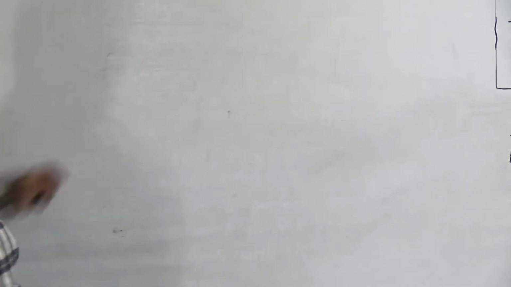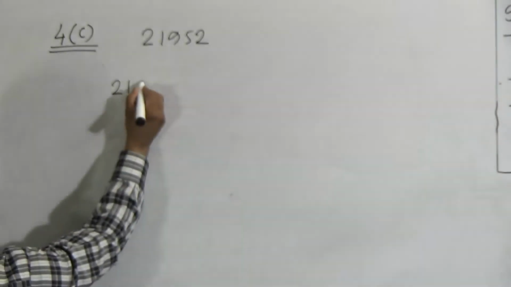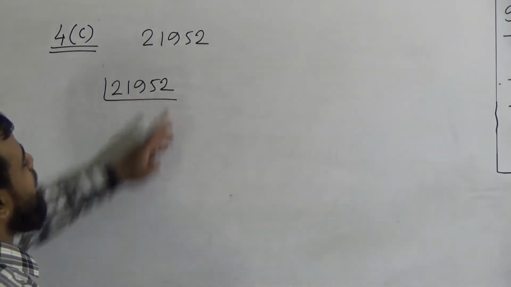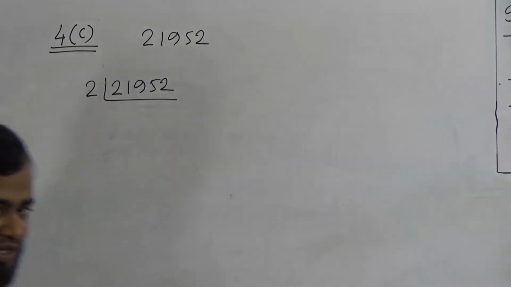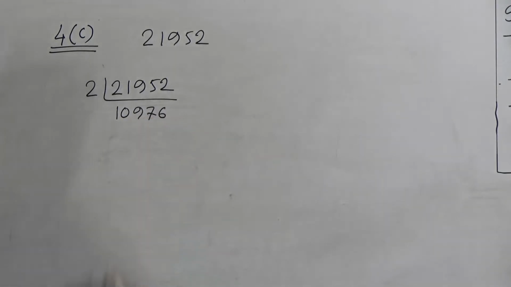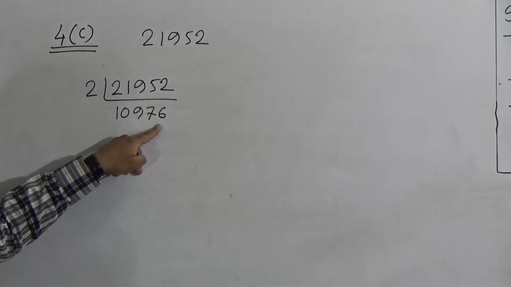21,952. First of all, we should resolve this number. To resolve the number, write it down. 21,952. It's an even number, my dear students, so we can divide it by 2. We'll get 10,976. 10,976 is again an even number, so we can divide it by 2.